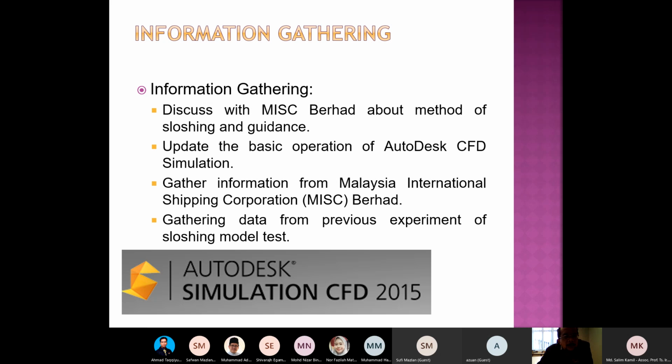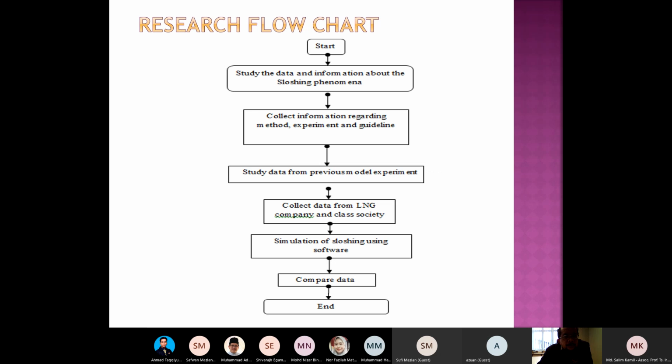So from MIC we got the data from previous experiments of sloshing model tests. As for the flow chart, actually you have a cycle, not exactly a straight line, but this one is just an example.